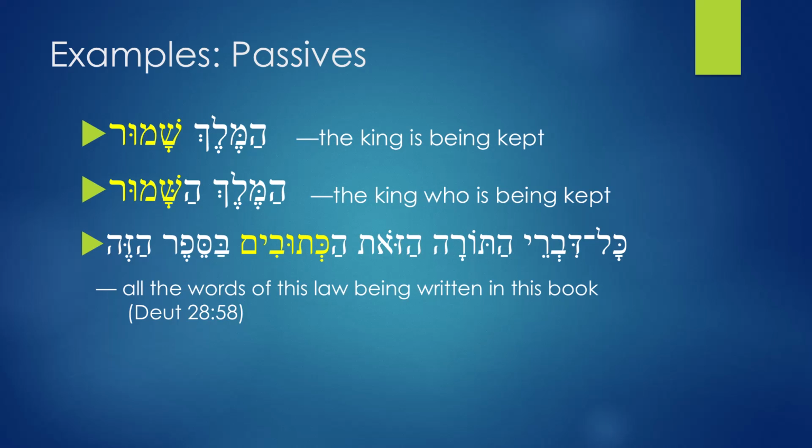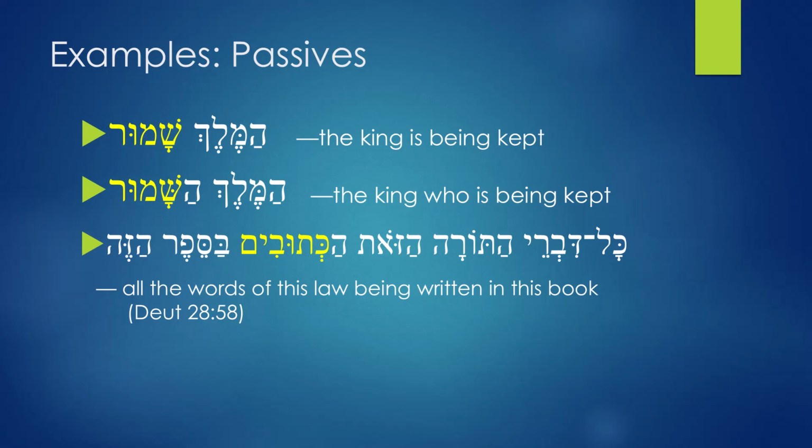So starting from the beginning, you have kol divrei. Kol means all. Divrei is in construct, so this is a construct relationship here. Divrei hatorah, words of the law. So you have all the words of the law. Hazot is a demonstrative pronoun. Zot is this. Then you have haktuvim, being written.